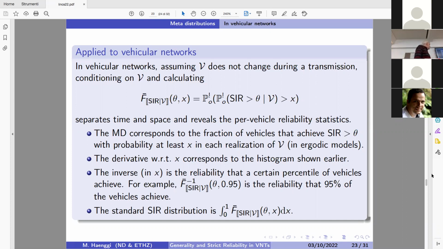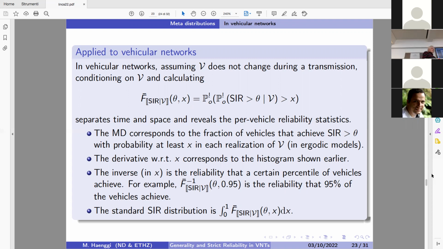So that is a very strong metric. If we take a derivative with respect to x, of course, we can retrieve the histogram that we've seen before. And if we invert this in x, we get the reliability that a certain percentile of vehicles achieve. So if we take the inverse with respect to x at 0.95, it gives us the reliability that 95% of the vehicles achieve and 5% do not.